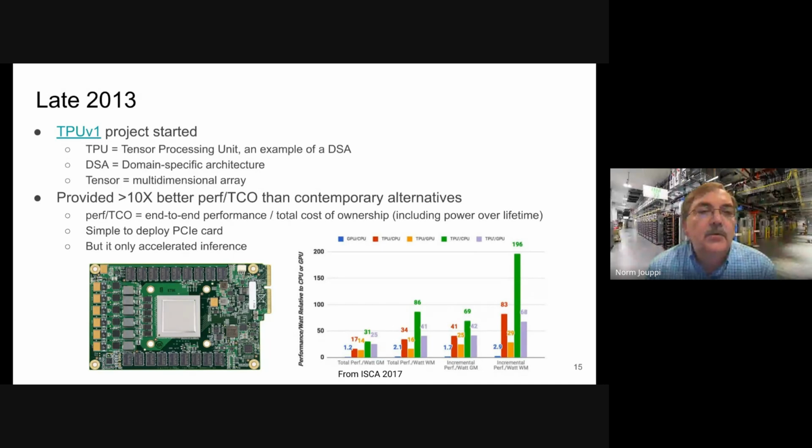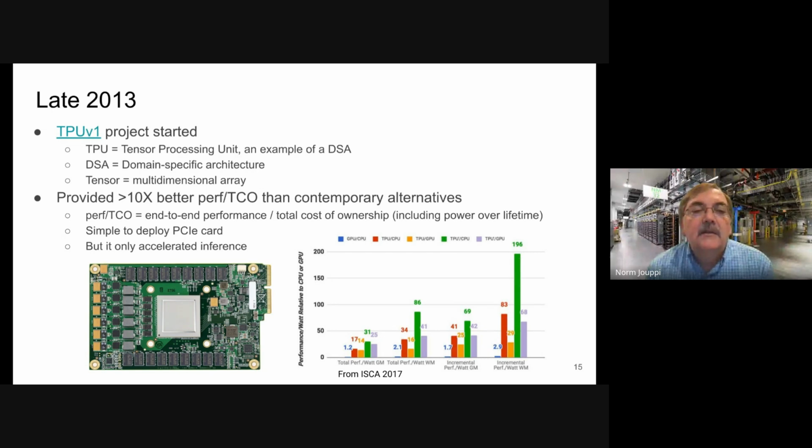So in late 2013, we started the TPU project. I joined Google to do the TPU project in late 2013. And we were able to show, within about a year and a half to 2 years, tremendous performance improvements, both in terms of raw performance and performance per watt.